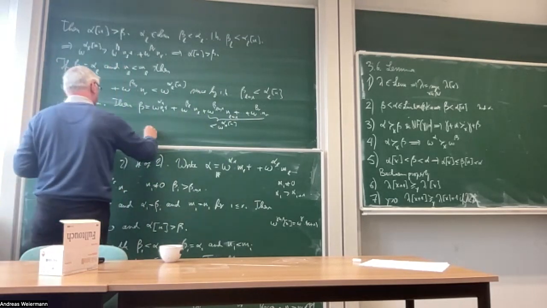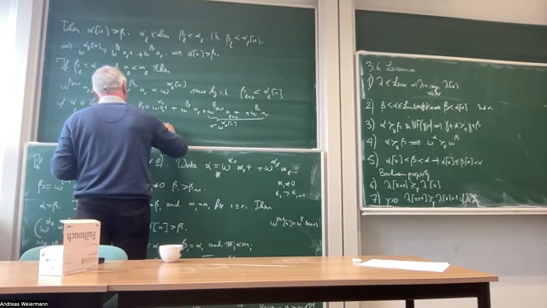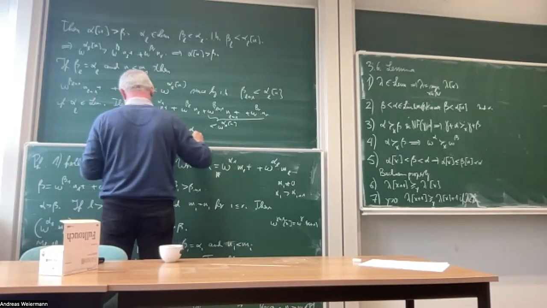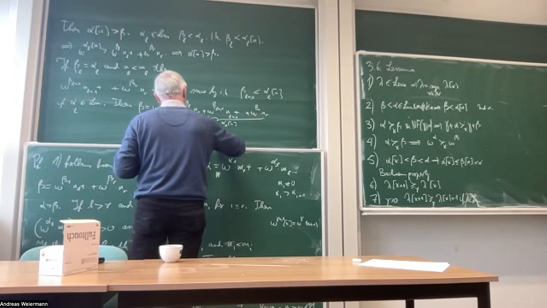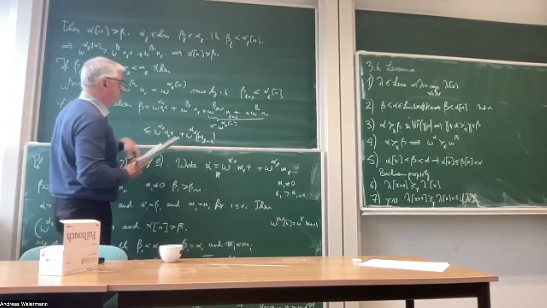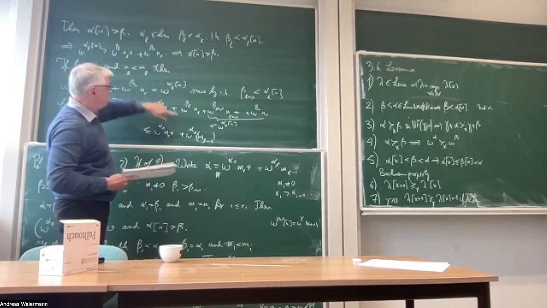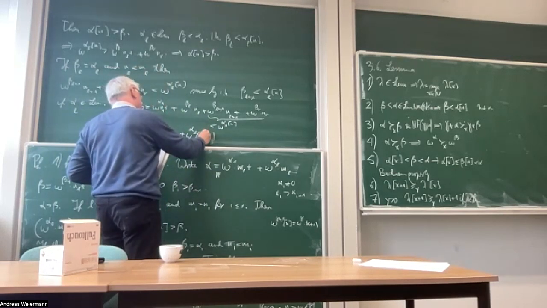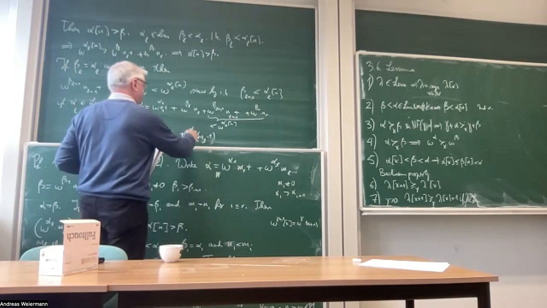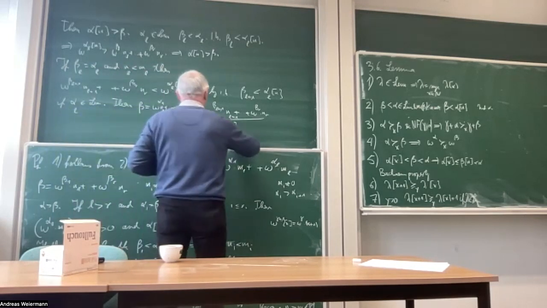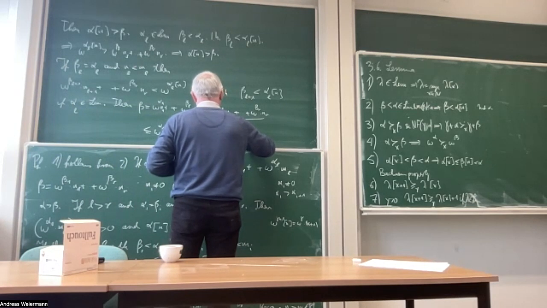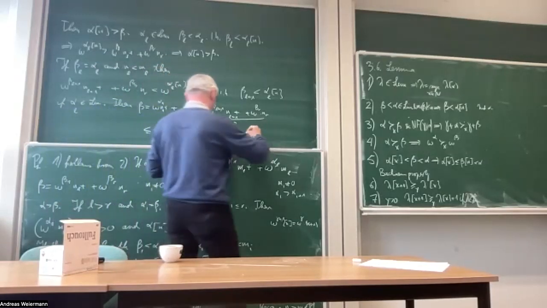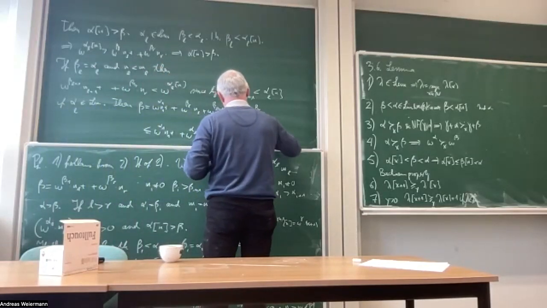Okay, so this is bounded by omega to the alpha 1 n 1 plus omega to the alpha L times M L minus 1, because M L minus 1 is at least as big as N L, so this one is at least as big as this one. And omega to the alpha L of n, this one is bigger than this one. And this is alpha n.